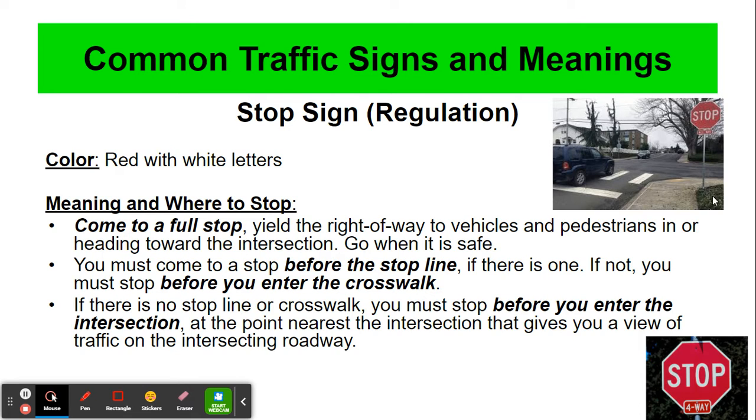Also, if there is not a crosswalk but there's a sidewalk, you have to stop before that imaginary sidewalk going across the street.